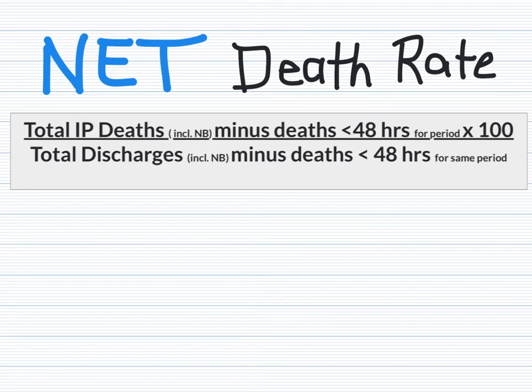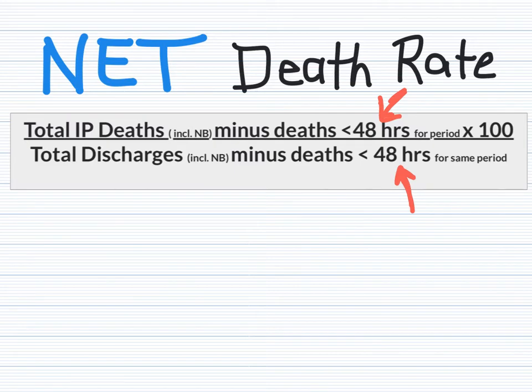Now let's go ahead and talk about the net death rate, or that institutional death rate. This is very similar to the gross death rate calculation, except the net death rate excludes deaths under 48 hours after admission. So this is your key in this calculation, making a distinction between deaths before and after 48 hours after admission.